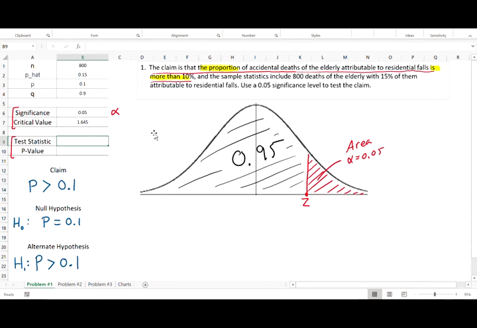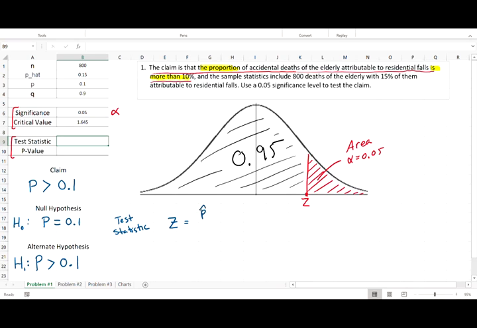Okay, so now the test statistic. And our formula for the test statistic, which is also a z-score, is equal to the difference between the sample and population values.